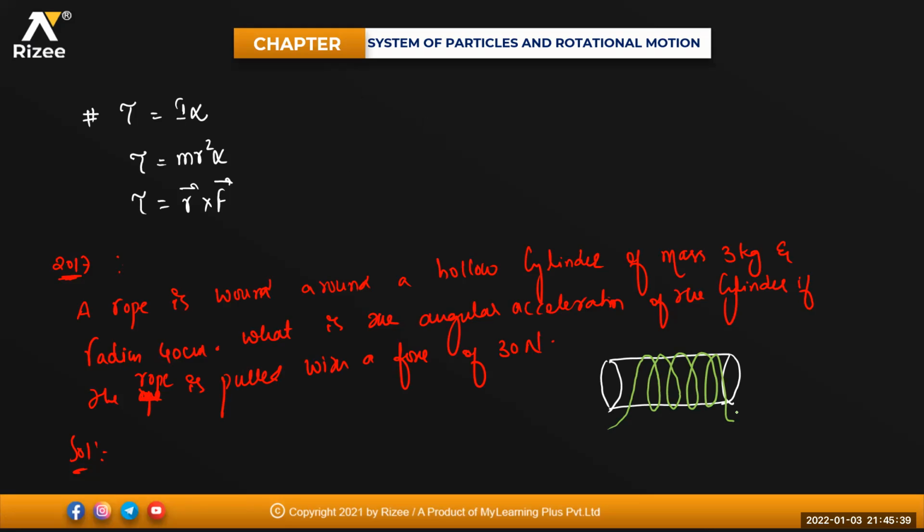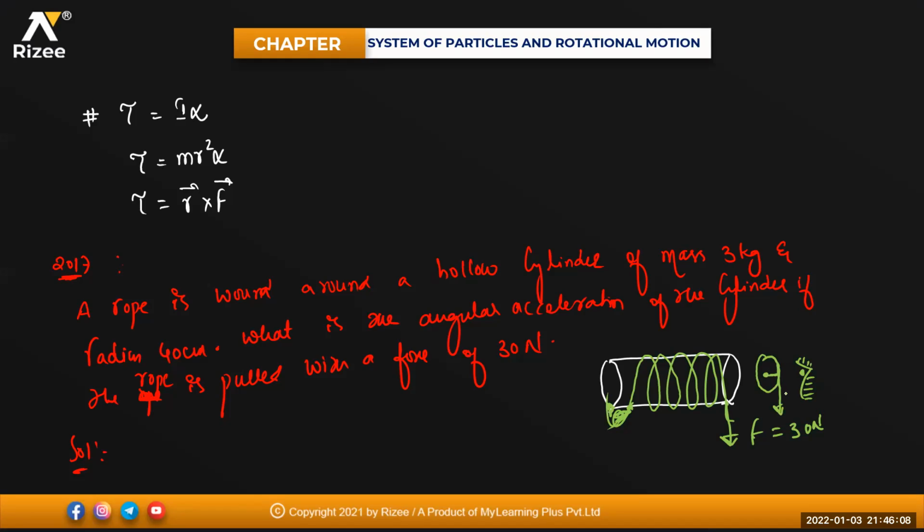What is the angular acceleration of the cylinder if the rope is pulled with a force of 30 Newton? Okay, this one is fixed here, and you are seeing from somewhere here. So when you see from this side, you can see only one part of the cylinder like this. And here there is a force.